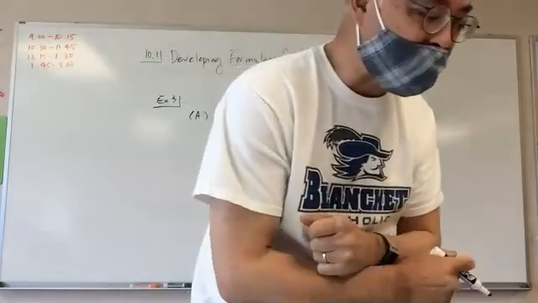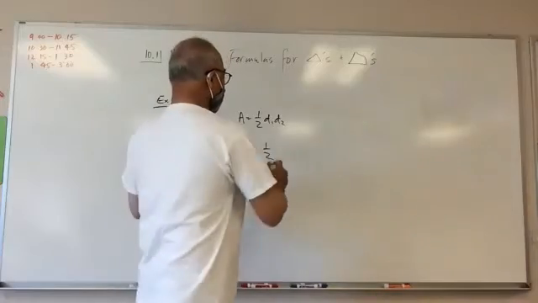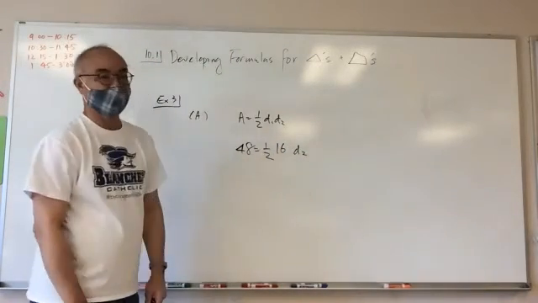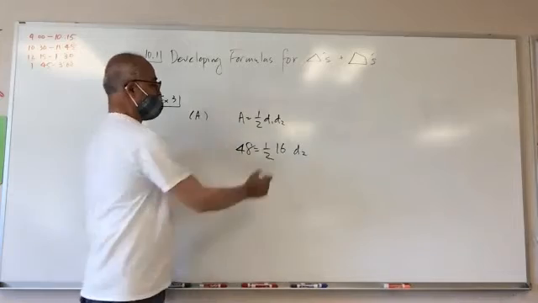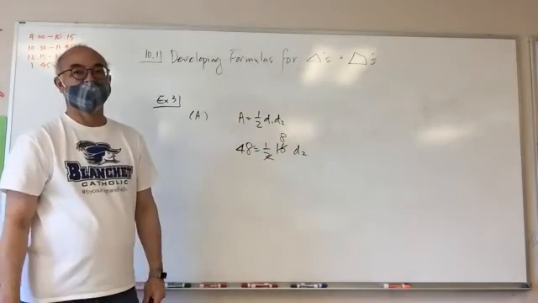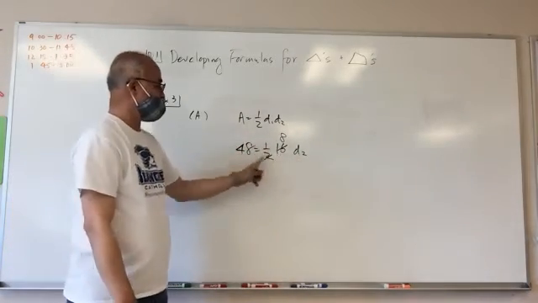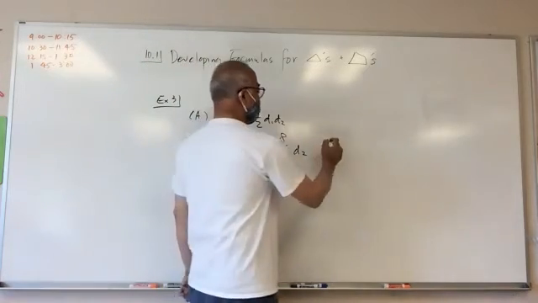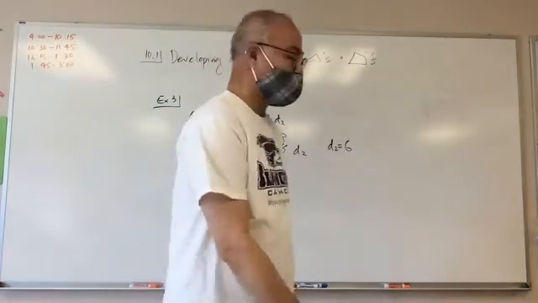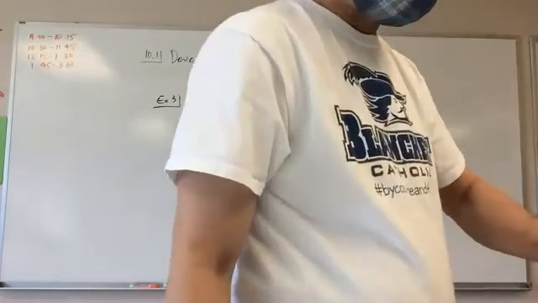They gave us D1 as 16, and I need to find out what D2 is. 8 times something is 48, so obviously that something has to be 6. So D2 would be 6.